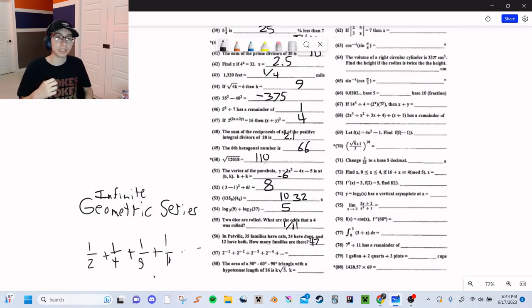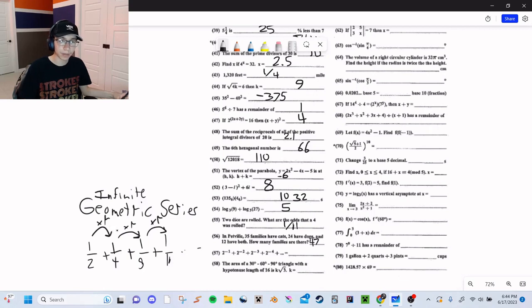Infinite geometric series. What does that mean? Infinite, meaning it goes on forever. So we're adding infinitely many terms. Series, meaning we have multiple terms we're adding together in series. And geometric, meaning that each next term in the series, we're getting by multiplying by some constant r.